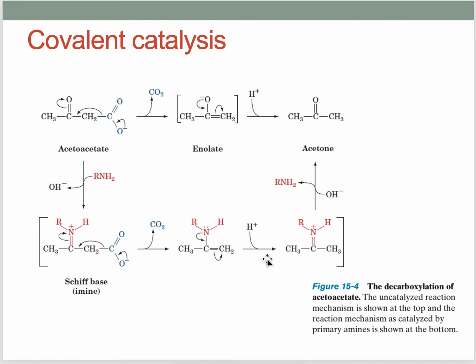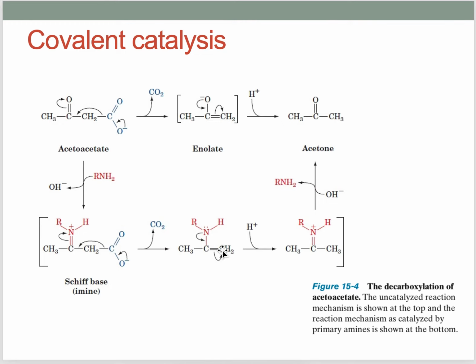So how will it happen? This electron will get back to its original position. Okay, and thus a double bond will be formed, and in this case a hydrogen molecule comes here, so a double bond will be formed here, and because of the formation of this double bond, this bond will be broken, and the electron will now come close to the carbon, and it will become transiently negatively charged.